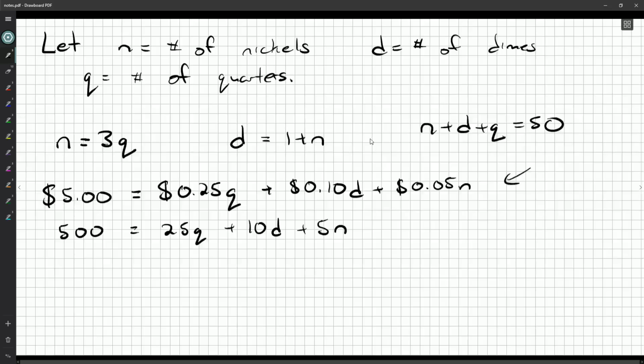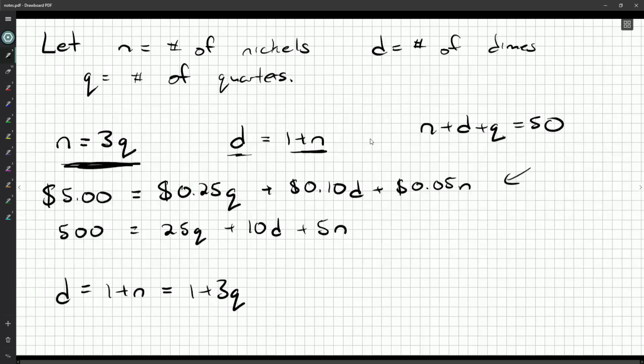Well, I know the number of nickels in terms of quarters, and I know the number of dimes in terms of nickels, so I should be able to get the number of dimes in terms of quarters. Okay. And then what can we do?